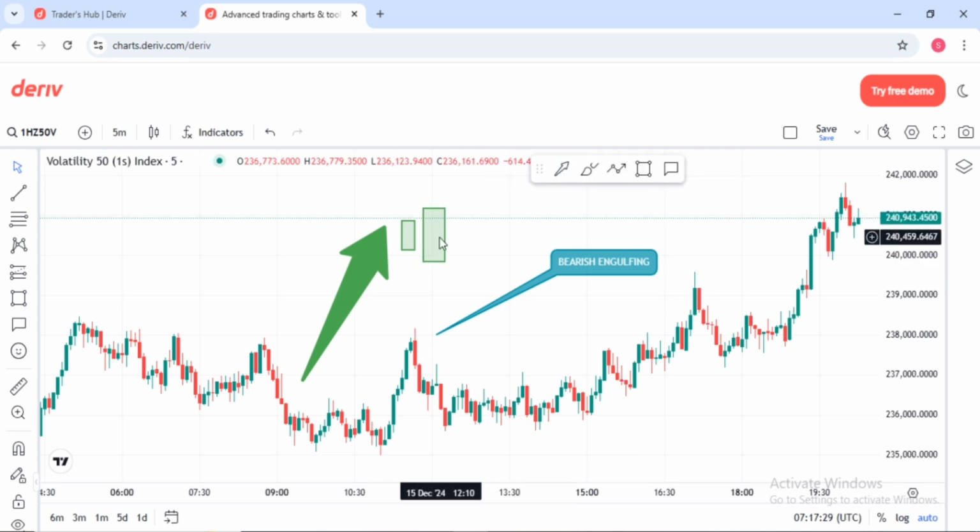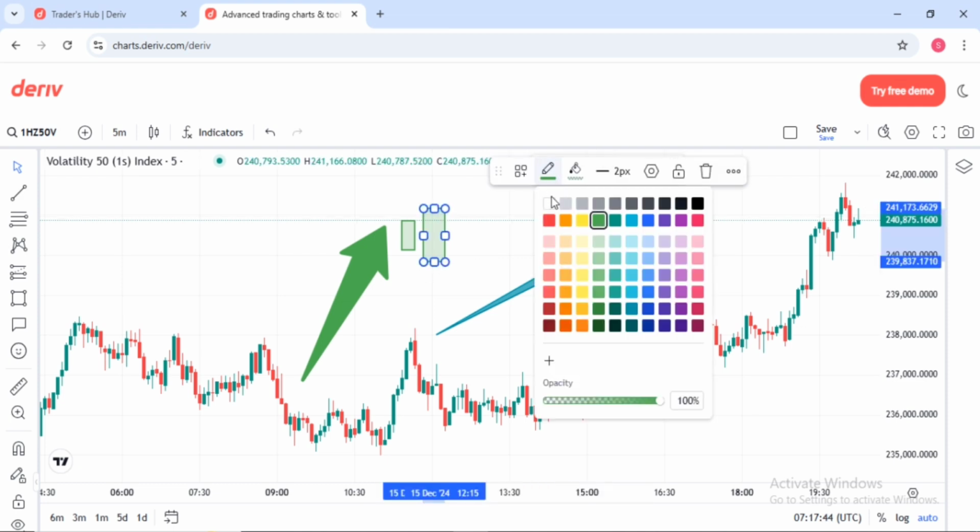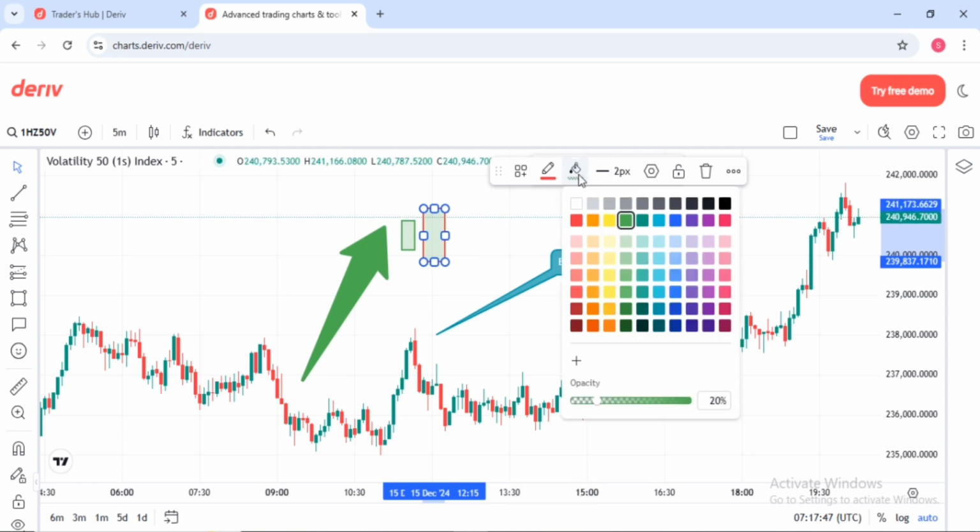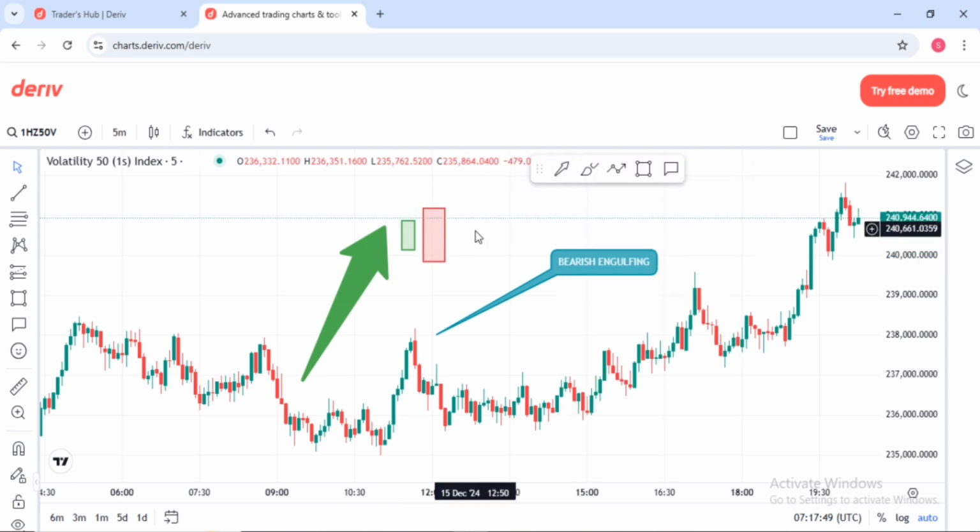Now, the red one that is formed, that is the second candlestick, completely covers the first one. Let me make this one red. So this one is bearish.